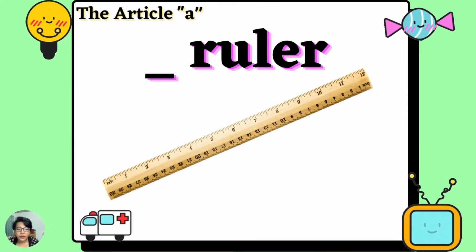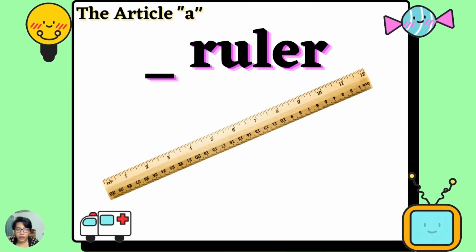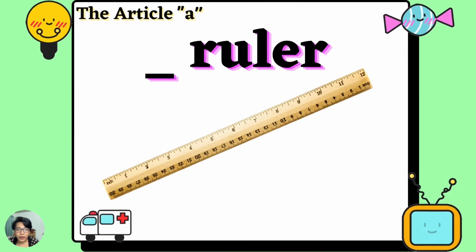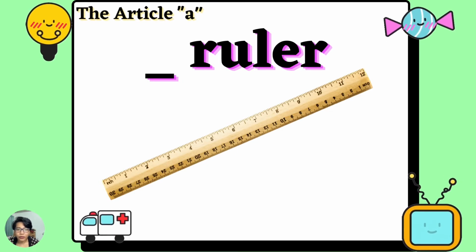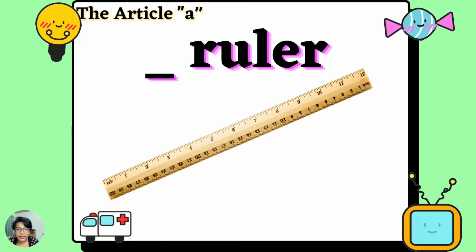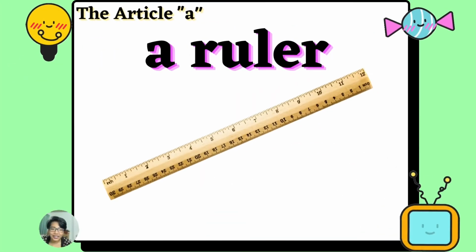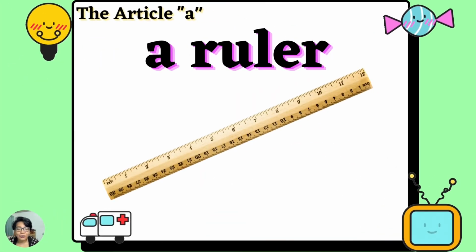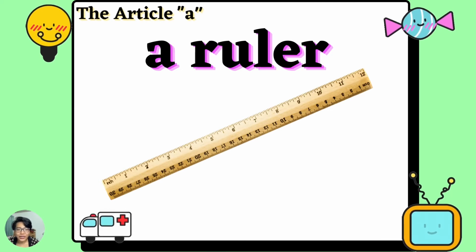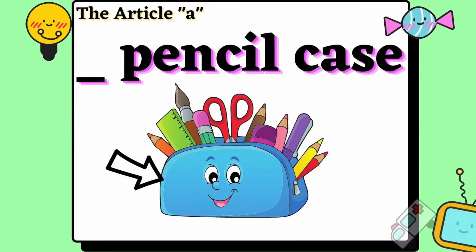This word is ruler. Will you use a or an? Let's check the answer. A ruler, because ruler starts with R, right? Very good. Let's move on to the next word.